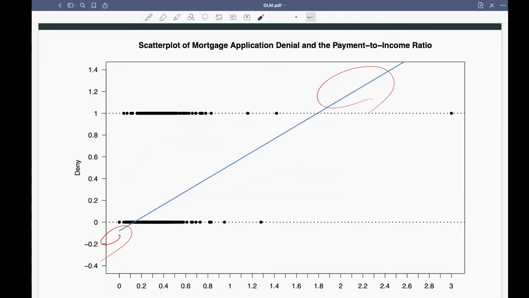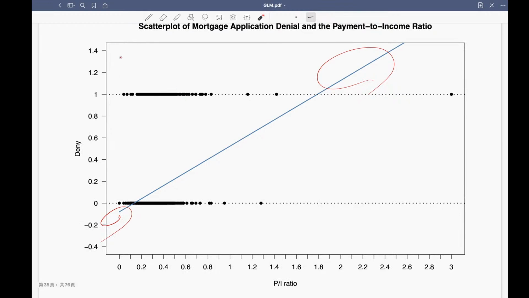Okay, so the linear probability model has some problem for the prediction because the probability is between 0 and 1. It's not greater than 1, or less than 0. Probability is usually between 0 and 1.